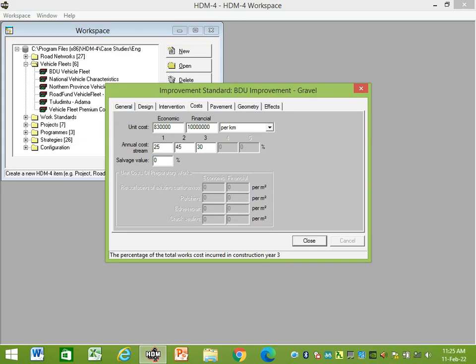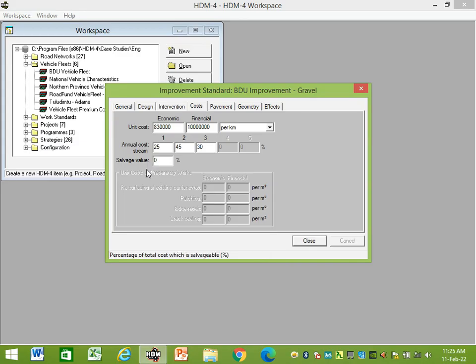So 25% of the total cost will be expended in the first year, 45% of the total cost in the second year, then 30% in the last year. That's my assumption. You can change it after consulting the Ethiopian Roads Authority or any contractor who is experienced in that area.